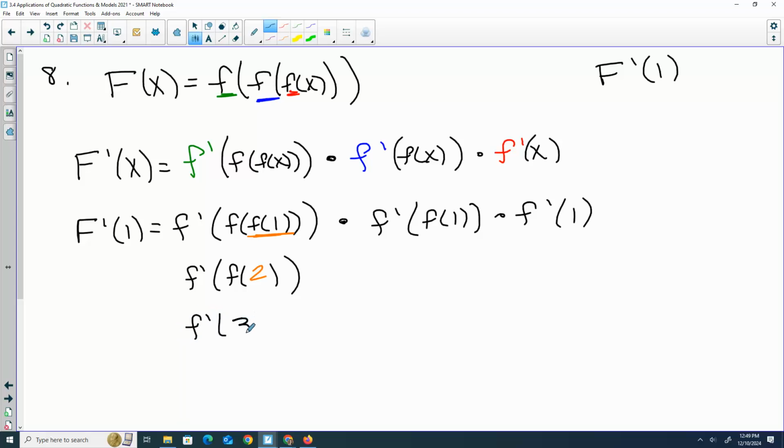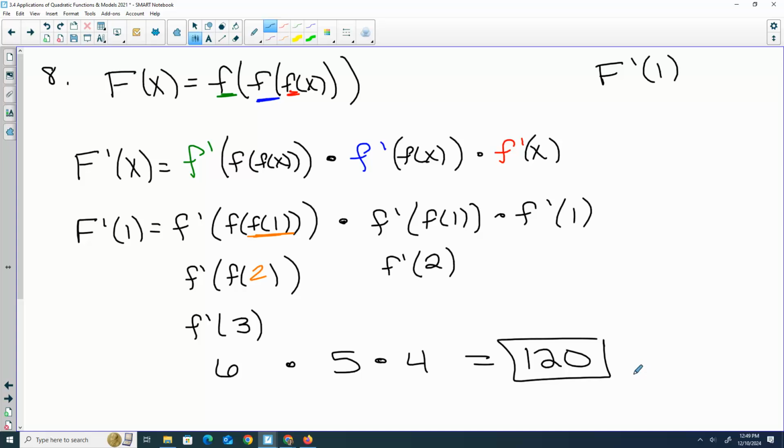So it's f prime of 3. What's f prime of 3? Work with the next one. So f prime. What is f of 1? What is f prime of 2? Okay, this one. What is f prime of 1? So 6 times 4 times 5 is 120.